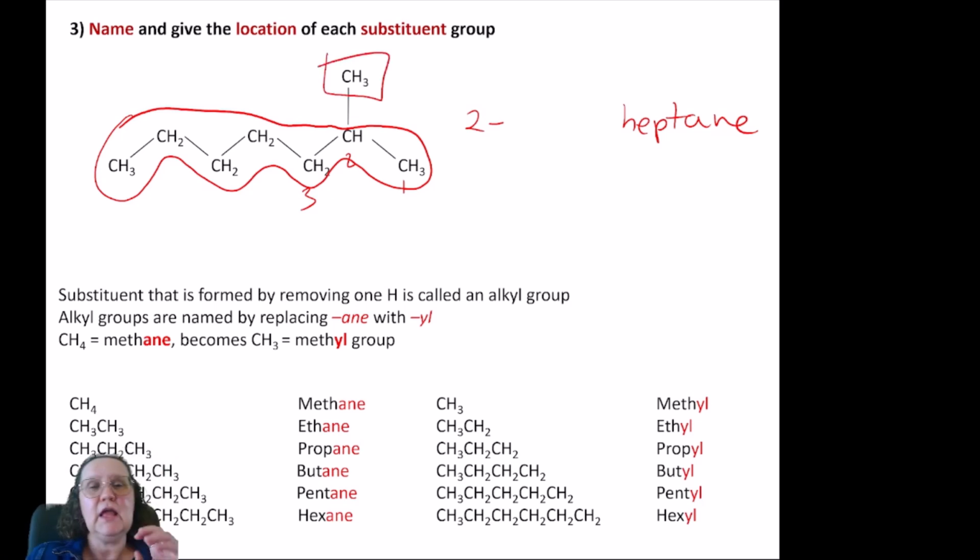Well, that is what we call a substituent, and a substituent is formed by removing one hydrogen from something that is stable. So when I have the compound CH4, I have the compound methane.